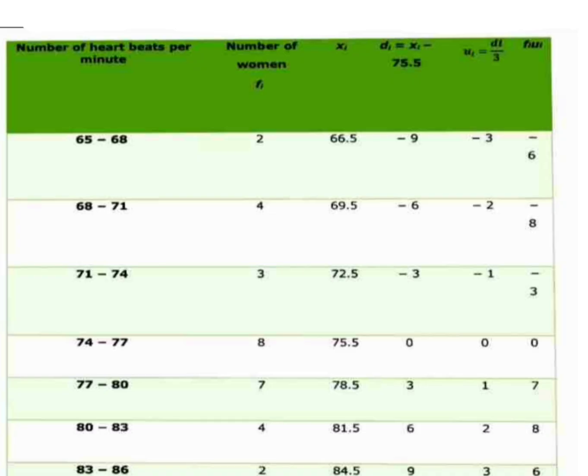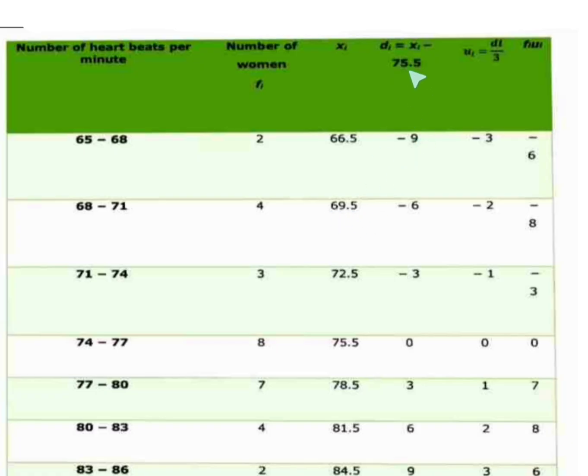So now here is 2 and the midpoint is 66.5, and the assumed mean is 75.5. 66.5 minus 75.5 is minus 9.